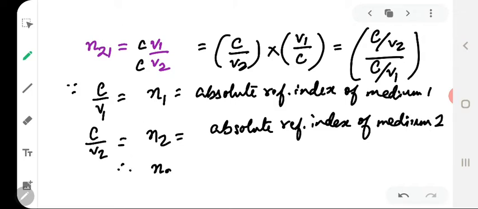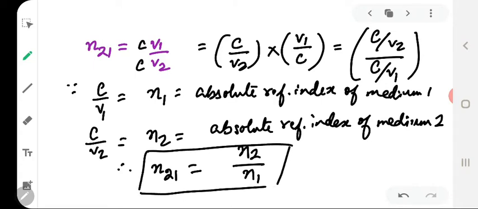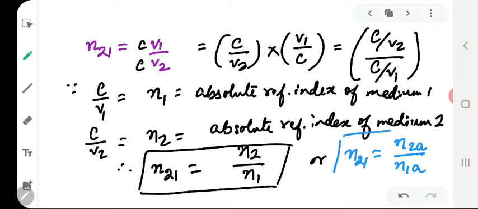Therefore we can write down n21 to be equal to n2 by n1. Or we can also write down n21 to be equal to n2a by n1a, where a stands for air.